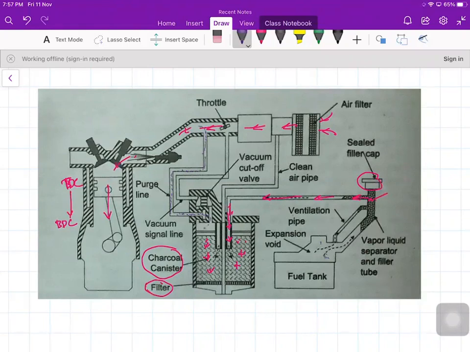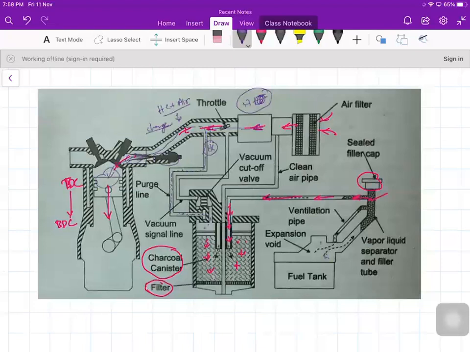Since this is an SI engine, we have an air-fuel mixture. So these hydrocarbons are mixed in this inlet manifold, and since we have an injector here, first the hydrocarbon mixes with the air, and then later it mixes with the charge, and then it enters the combustion chamber.